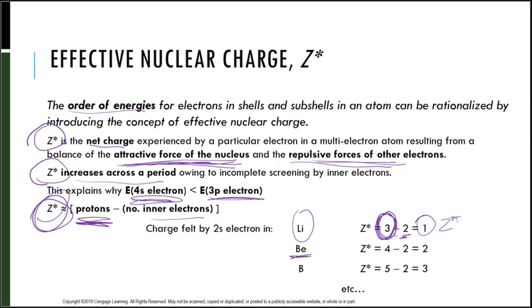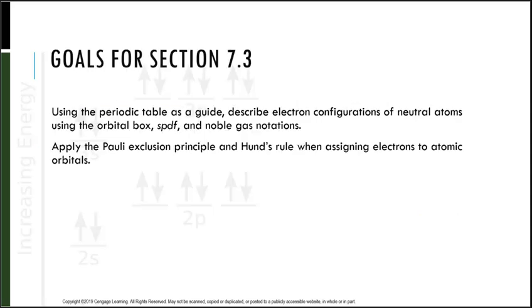Let's look at beryllium. Beryllium has an atomic number 4, so 4 protons. We subtract all the inner electrons, again, everything from row 1, which is 2. So it has an effective nuclear charge of 2. Boron has 5 protons, so 5 minus everything from row 1, which is 2. So it has a Z star of 3.